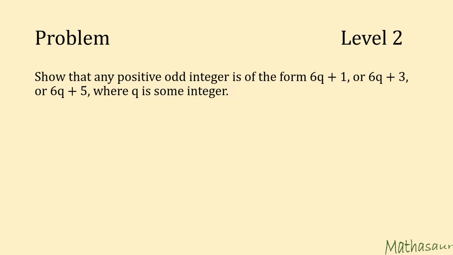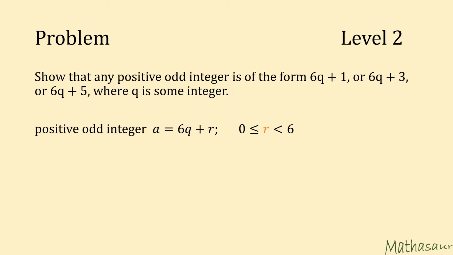Show that any positive odd integer is of the form 6q + 1 or 6q + 3 or 6q + 5, where q is some integer. Let us write down Euclid's division lemma once again. Now here we are talking about 6q. So let us guess b as 6, or let us take b as 6.